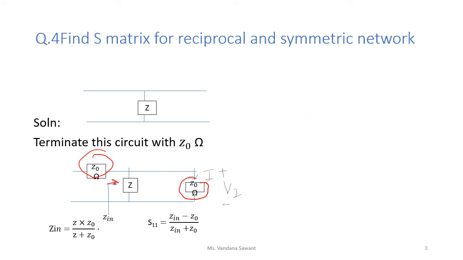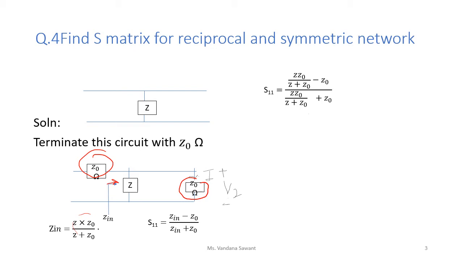Now in place of Zin, we will put this value of Zin and we will rewrite this equation again. So that will be S11 is equal to Z Z0 divided by Z plus Z0, minus Z0, divided by Z Z0 divided by Z plus Z0, plus Z0. Now we will equalize the denominator on both the numerator and denominator.